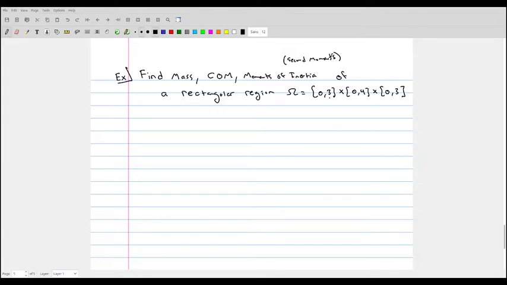So there's a width of 3, a depth of 4, and a height of 3. With a density function of rho of xyz equal to z times e to the x plus y.